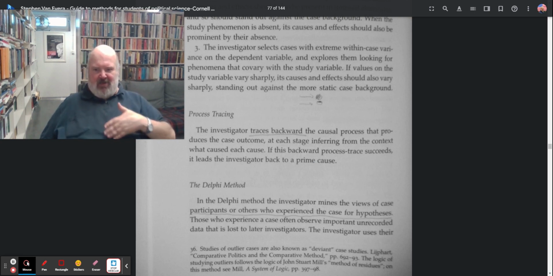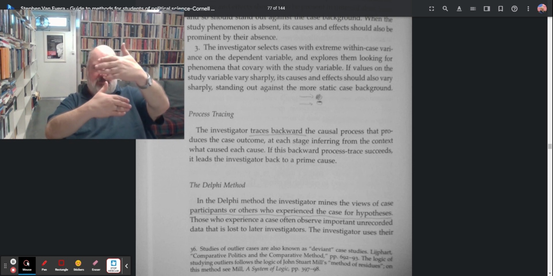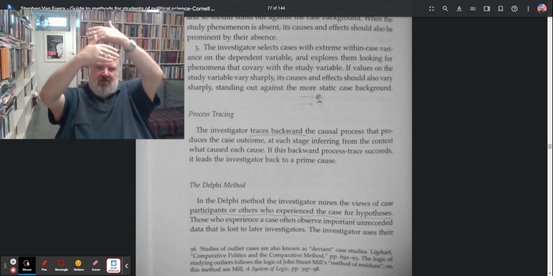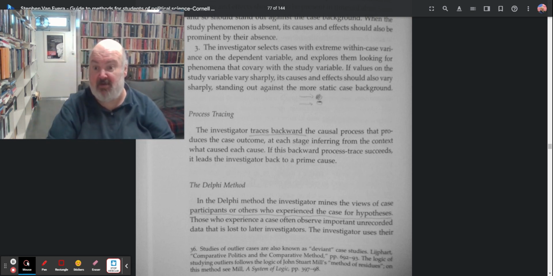In other words, we look at an outcome and follow the process backwards. This is how we generate theories, right? The investigator traces this process backward. So if we get an outcome, we look at it and ask, how did this occur?